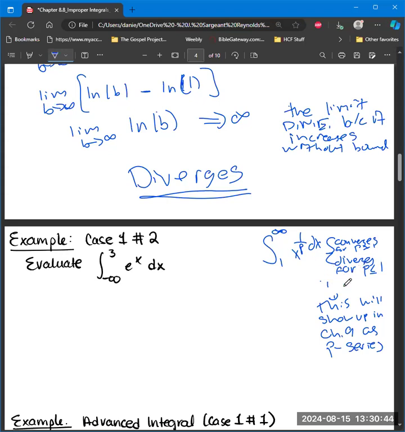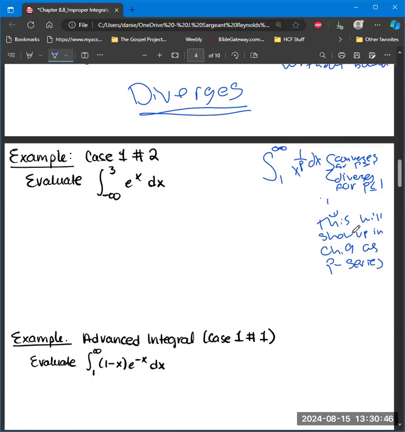The proof of this is in your textbook if you're interested, but just know that this doesn't have to be a 1 down there, that can be anything where this is going to be defined and finite, but we start with 1 usually. So if we're going from 1 to infinity of 1 over x to the p dx, that converges for all p greater than 1, diverges for all p less than or equal to 1.